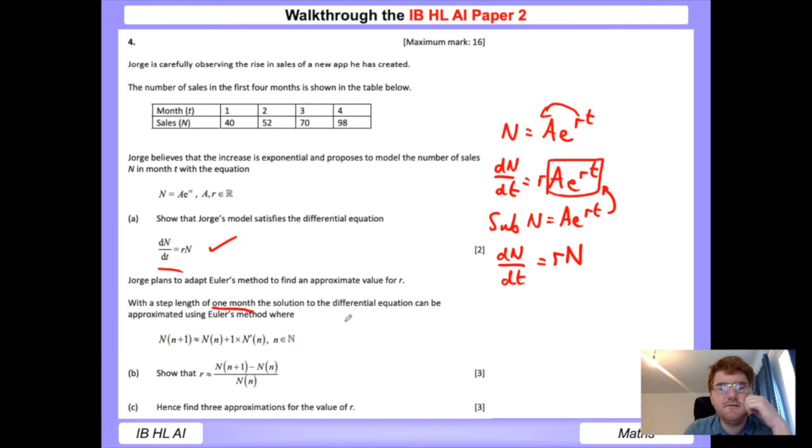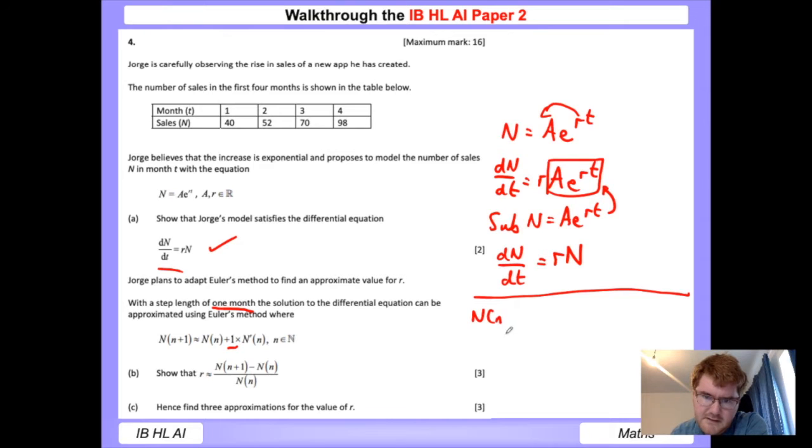The solution to the differential equation can be approximated using Euler's method, where n(t+1) is approximately equal to n(t) plus 1 times, this 1 comes from the step, times the differential of n. And we somehow need to show from here that r is equal to this expression. So I'm going to take this expression, and being 1 times is going to make our life a little bit easier. So I'm going to write this over here.